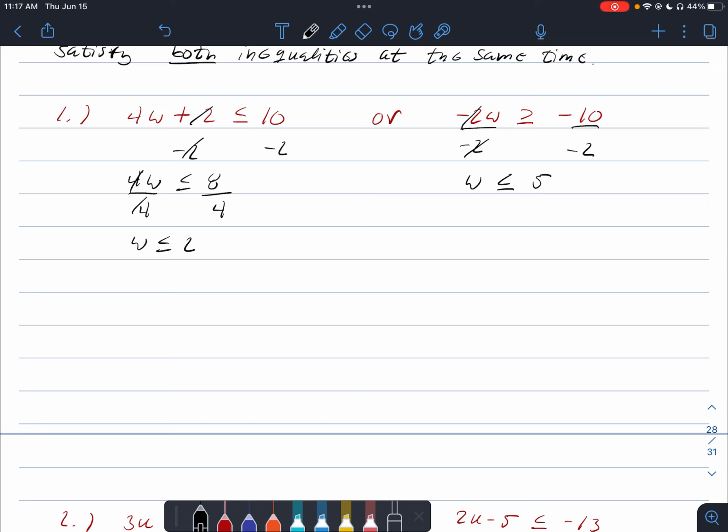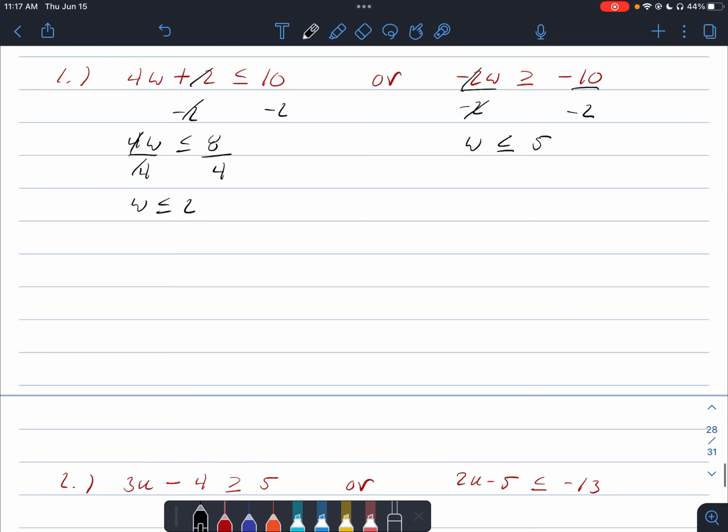Okay? So when you're trying to figure out how you want to write your final answer here, what I like to do is write each of these in interval notation and figure out what the overlap is, okay? Or, if you're doing and. In this case, we're doing or. So we'll just go ahead and do it. In this case, we have negative infinity to 2, okay?